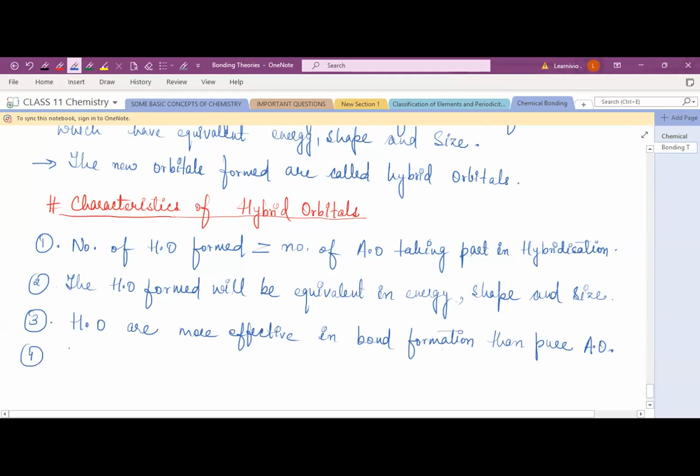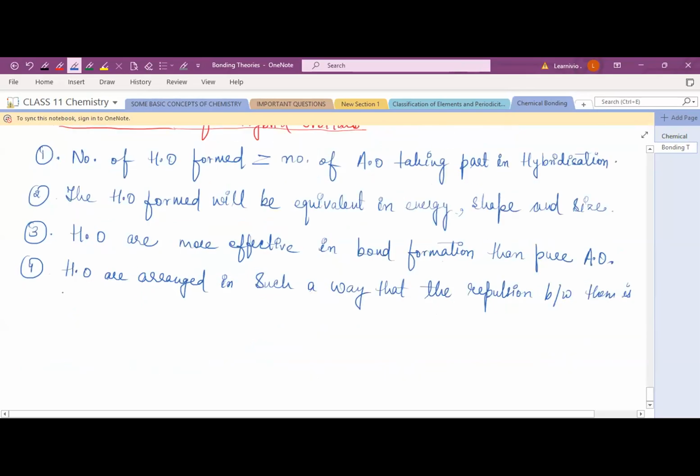Fourth point: hybrid orbitals are arranged in such a way that the repulsion between them is minimum. Ma'am, can you explain the third point again?